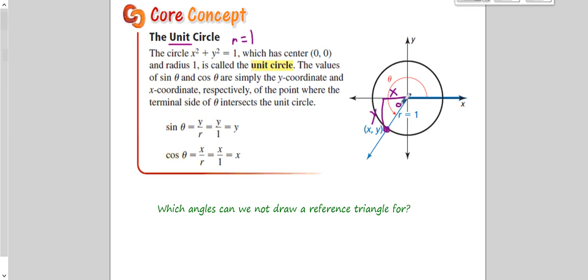Looking at this angle, the reference angle, adjacent over hypotenuse would be x over r, or x over 1, which equals just x. So the x and y coordinates, when we're on the unit circle, circle with radius 1, is cosine of theta and the sine of theta.